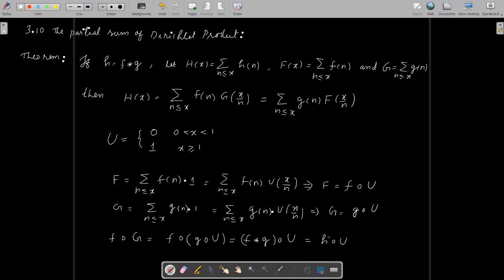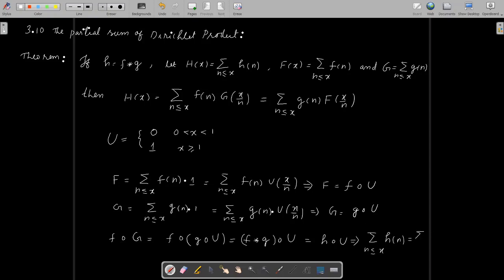So you need to translate this. What is f convolution capital G? First we can write h convolution u. H convolution u is sigma n less than or equal to x, h of n u of x by n, that is always 1. So the right side will be this one, that is equal to the left side, f convolution g.